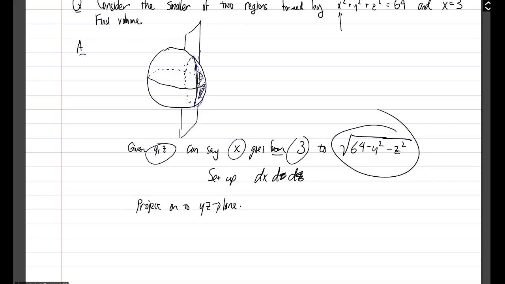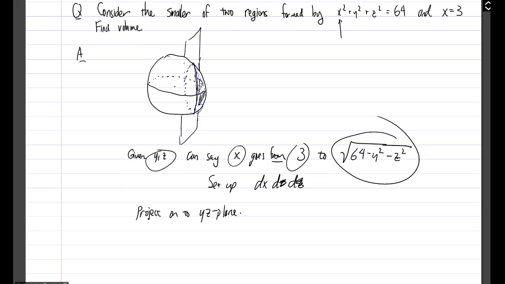So that's going to be looking at x squared plus y squared plus z squared equals 64. Where does that meet x equals 3? And you can find that by plugging in 3 for x. So 3 squared plus y squared plus z squared is equal to 64. So y squared plus z squared is equal to 61.